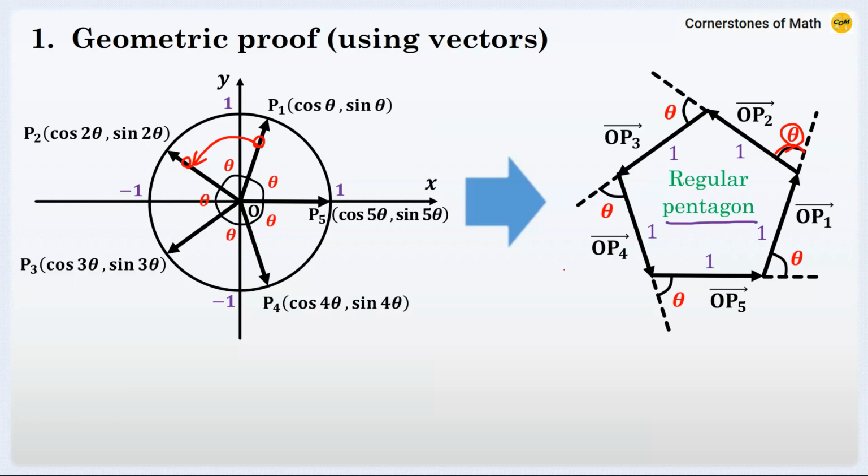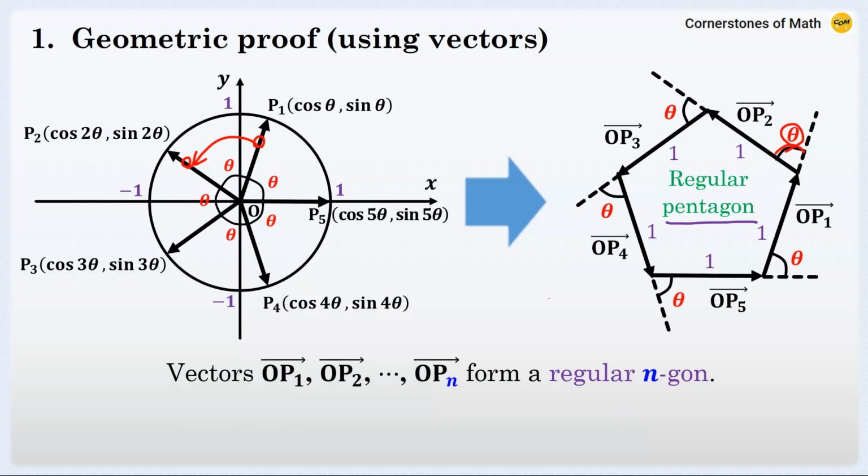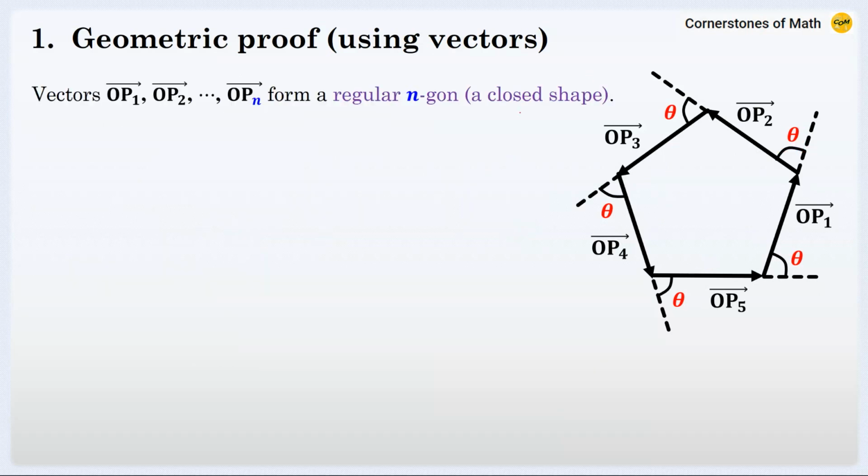And you can guess what happens when there are n vectors instead of 5. In the case of n vectors, vectors OP1, OP2, so on, and OPn form a regular n-gon. Now what's important with this n-gon is that it is a closed shape. And we know that if some connected vectors form a closed shape, their sum is a zero vector.